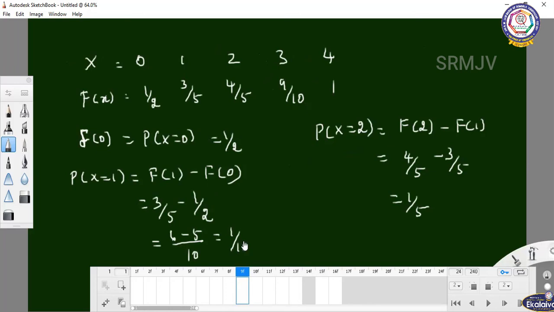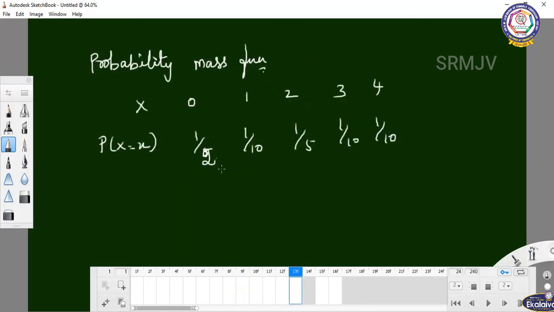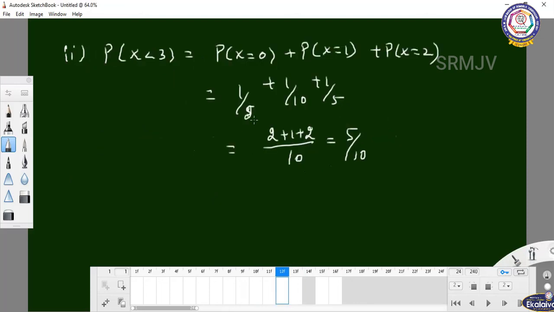The values are 1 by 2, 1 by 10, 1 by 5. So now take 10 as the LCM: 5 plus 1 plus 2 equal to 8 by 10, or 4 by 5.